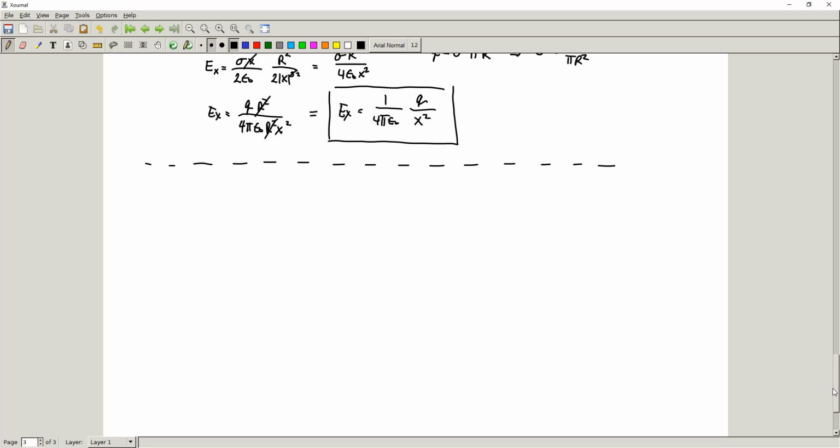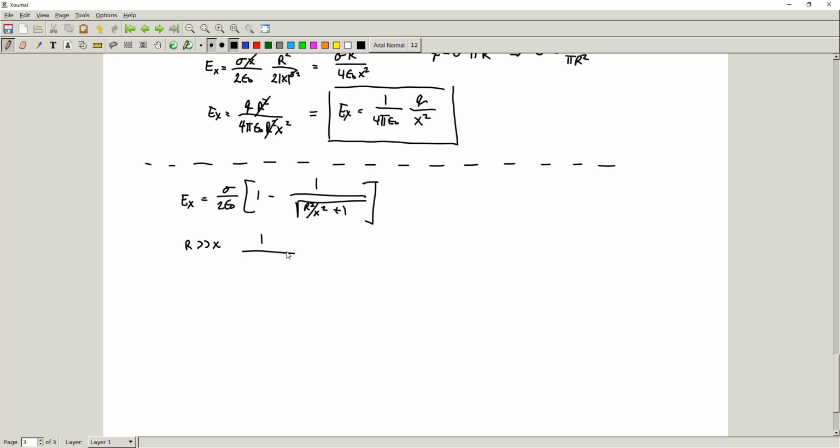So let me start by rewriting the electric field of our disk. We have this expression here, 1 minus 1 over square root of r squared over x squared plus 1, right? Now we're going to look at r much greater than x.